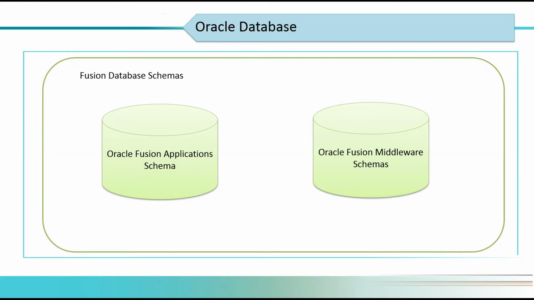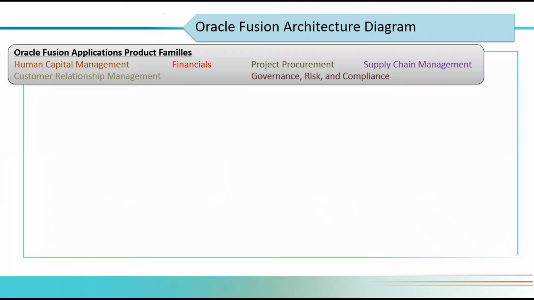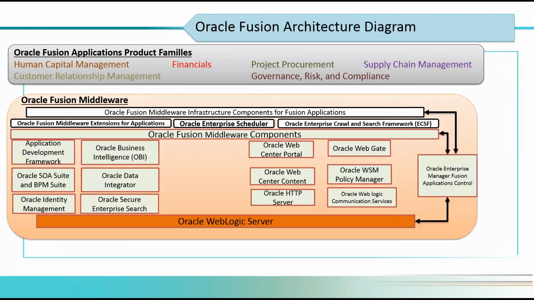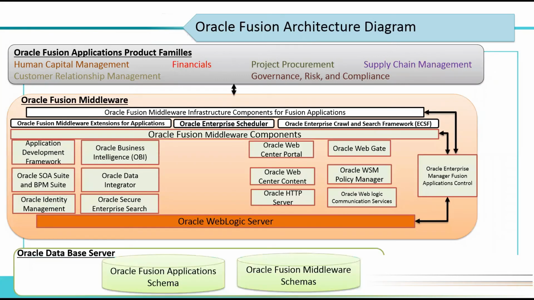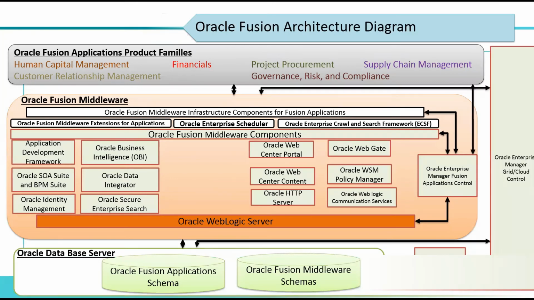So if you combine all these three things together, the Fusion product families, Fusion middleware, and the database, again all these things will talk together using the Enterprise Manager. These databases together talk using Enterprise Manager Database Control, and all these applications together are maintained by the Oracle Enterprise Manager Grid Cloud Control.